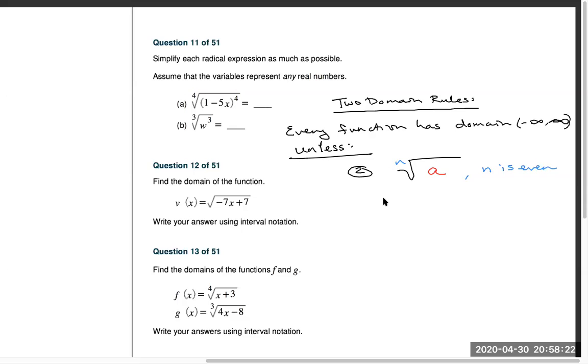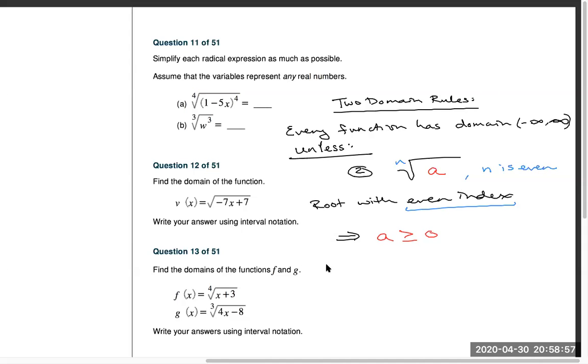Okay, specifically, you have a root with even index. Then from there, your radicand A must be greater than or equal to 0. And those are the values that are allowed in your domain.